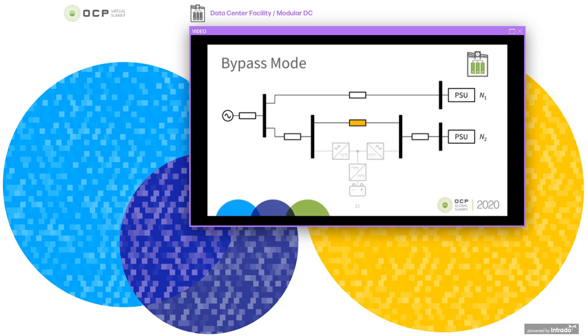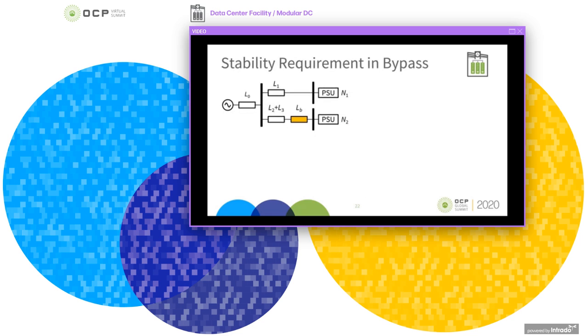The bypass mode is perhaps the simplest one, and we'll start with that one. We'll see how we developed specifications for it. So by reducing the system model to just a couple of power supply units, a bypass impedance, and the rest of the interconnecting impedances, we can apply our impedance constraints to this system and determine the allowable bypass impedance that maintains stability.